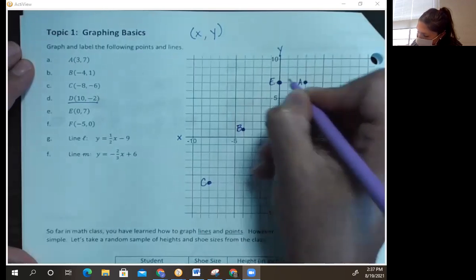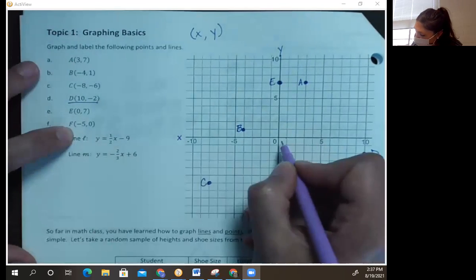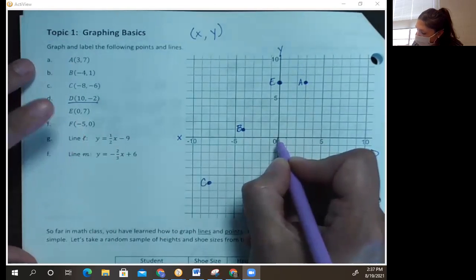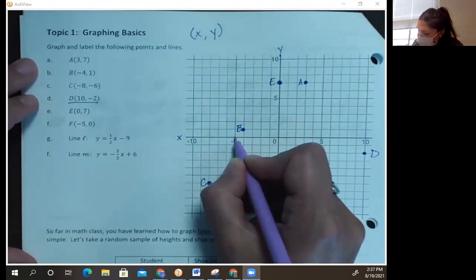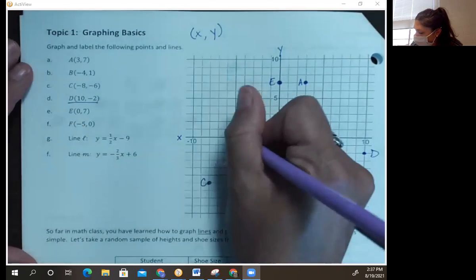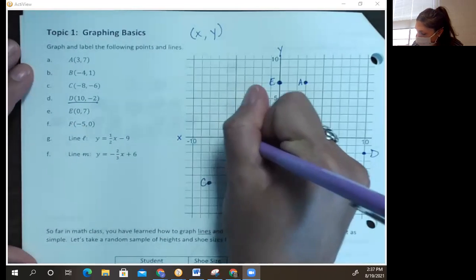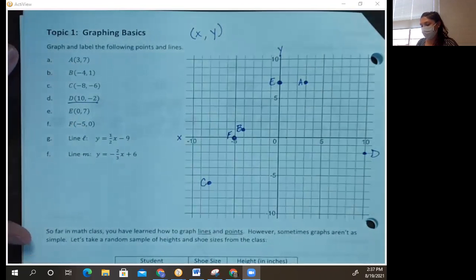There's E. And then for F, negative 5 for my x means I'll move back to negative 5 on the x-axis. And then 0 for the y means I don't move up or down at all. So we'll stay here on the x-axis. Questions for me on plotting points?